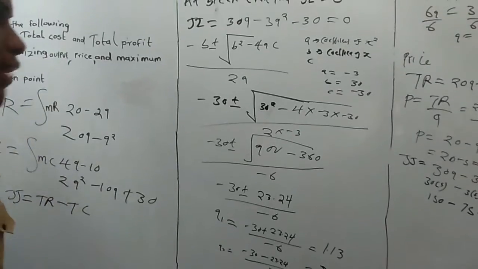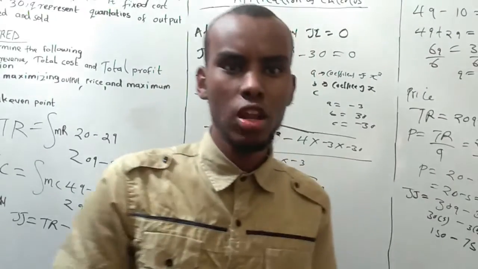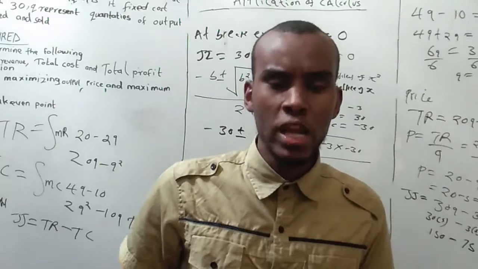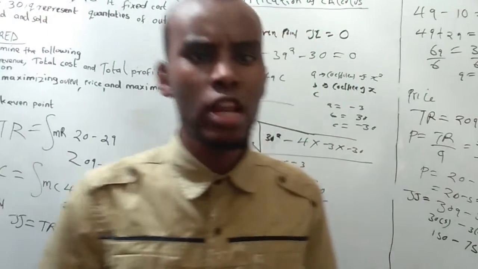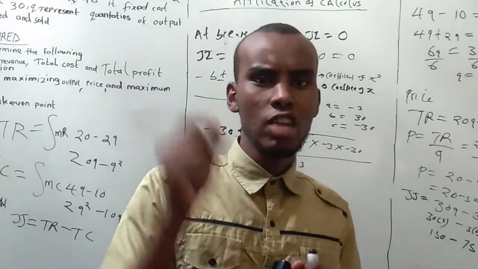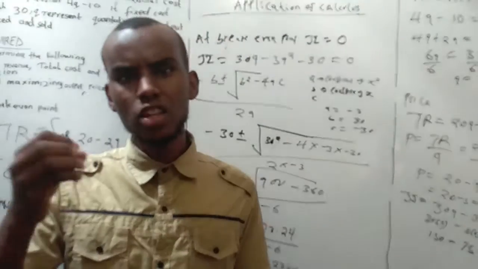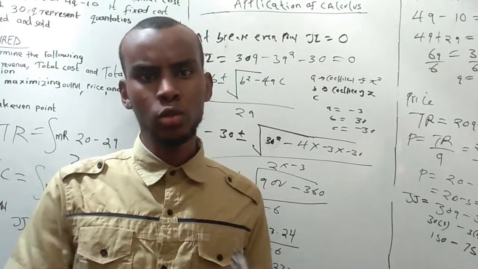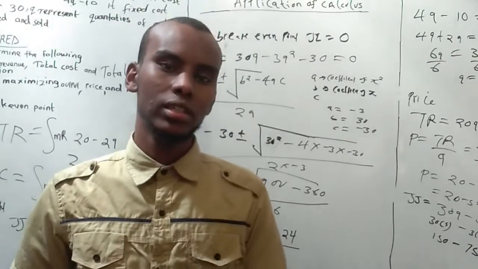That's all about this illustration. You have to remember that we have differentiation and integration. Whenever you have the total revenue and the total cost, to get the marginal revenue and marginal cost, you differentiate. If you have the marginal revenue and the marginal cost, and you like to get the total cost and total revenue, you integrate.